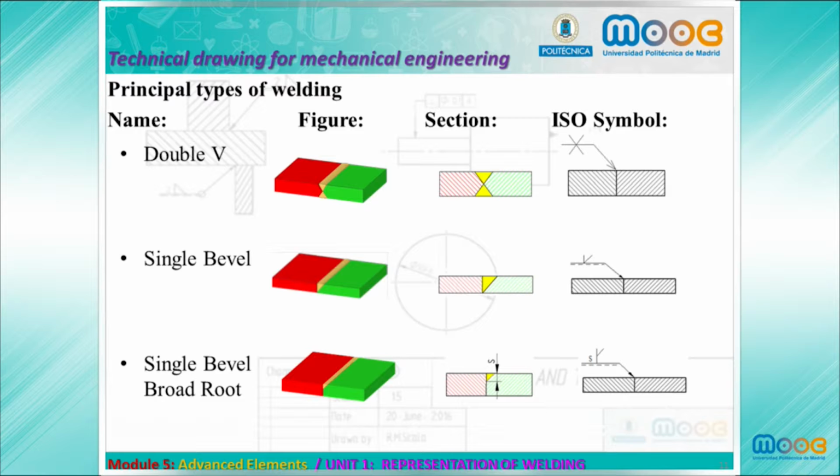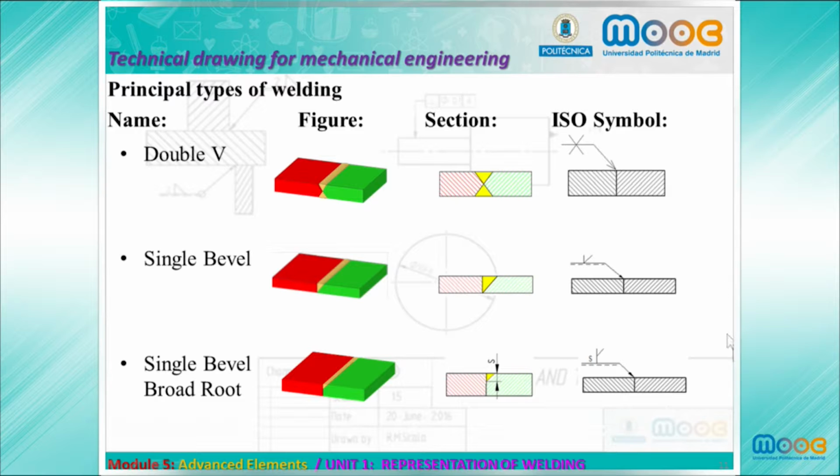Single bevel. This is full penetration, as can be observed, but the question is that this type of weld needs a groove which is asymmetric with respect to the portions. That is, in this case, the green portion of the welding has the groove and the other portion, the red one, has no preparation, has no groove.